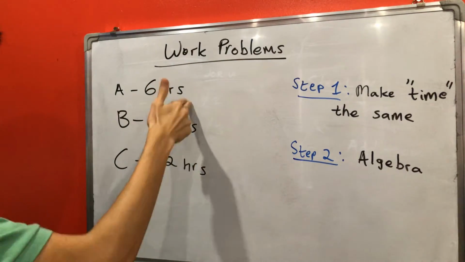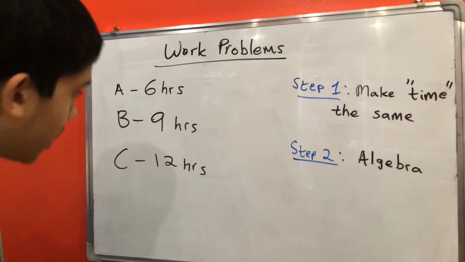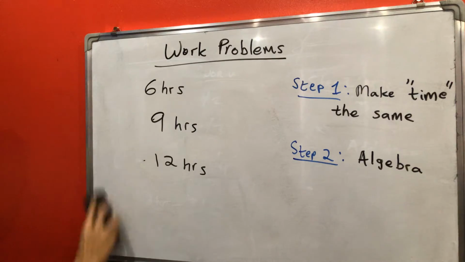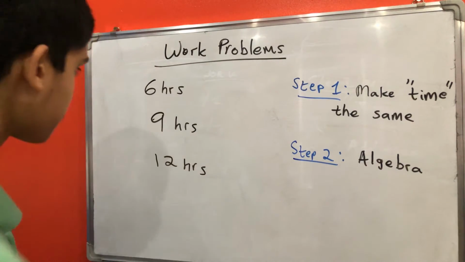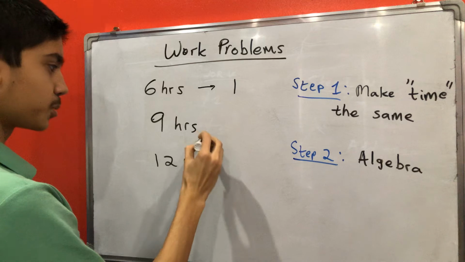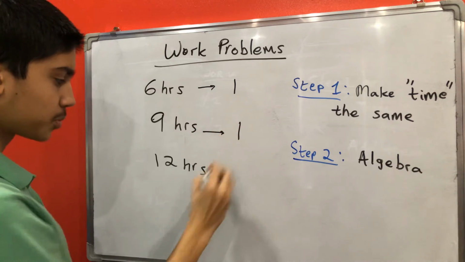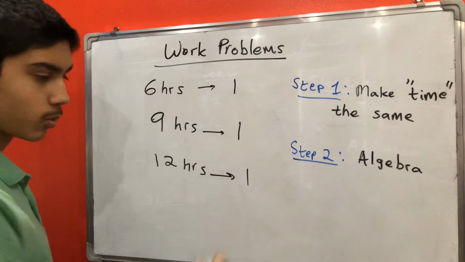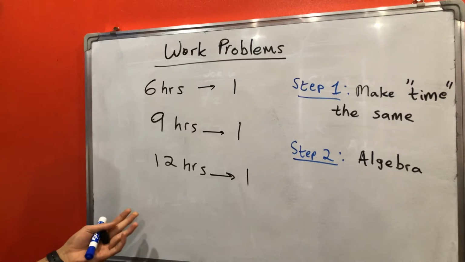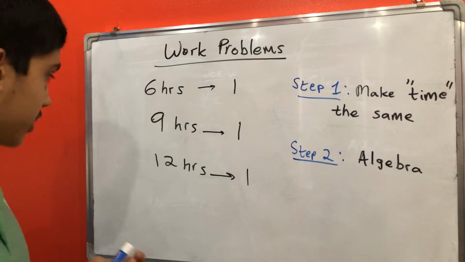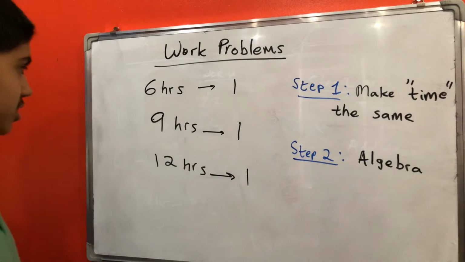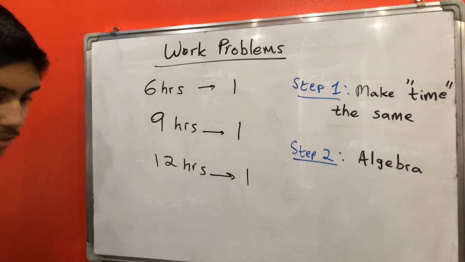So we see the times are all very different. We know that 6 hours will give us one newspaper, 9 hours will also give us one newspaper, and 12 hours will also give us one newspaper, all from different printers. But we want to make time the same. So we're basically just going to find the least common multiple for all of them.